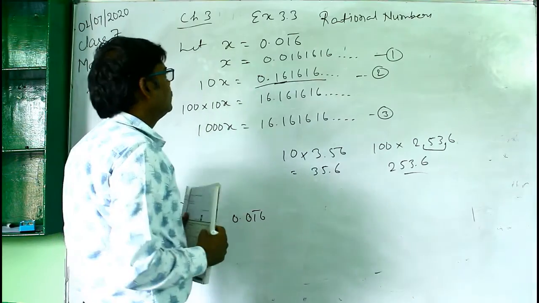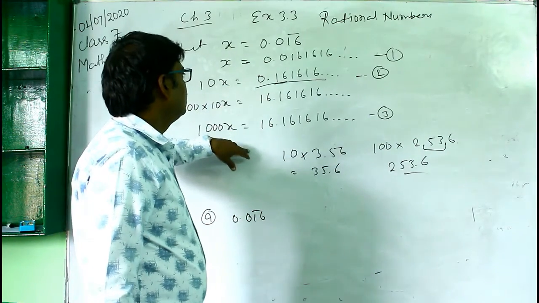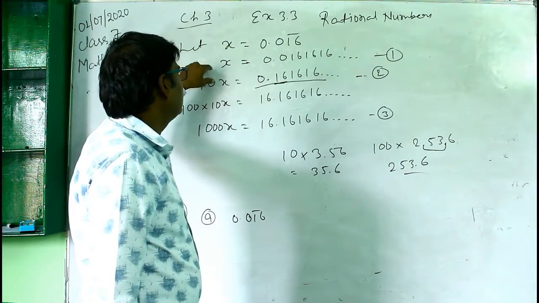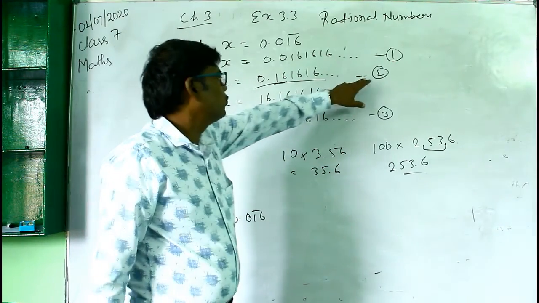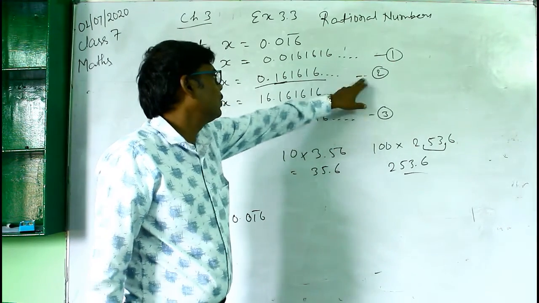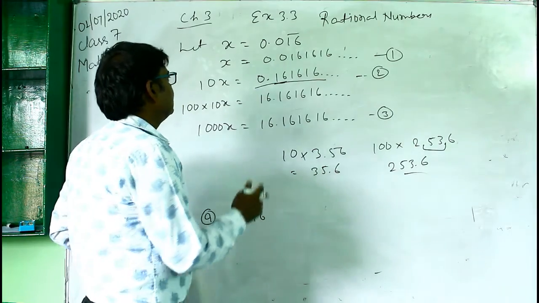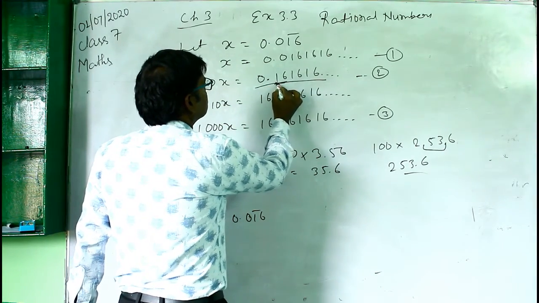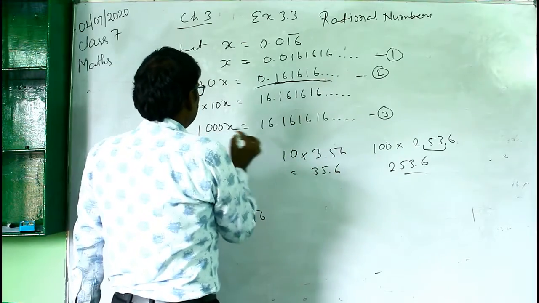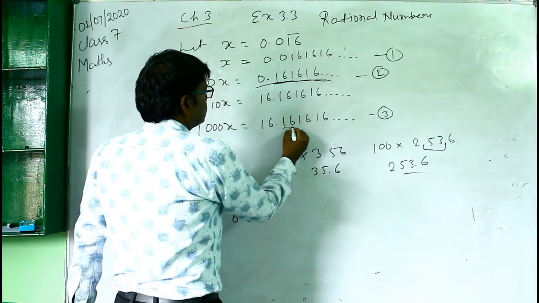Now observe here, why did I do it? See here, in this equation number 2 and equation number 3, observe that after the decimal we have 16161616 here, and here also you have 161616.